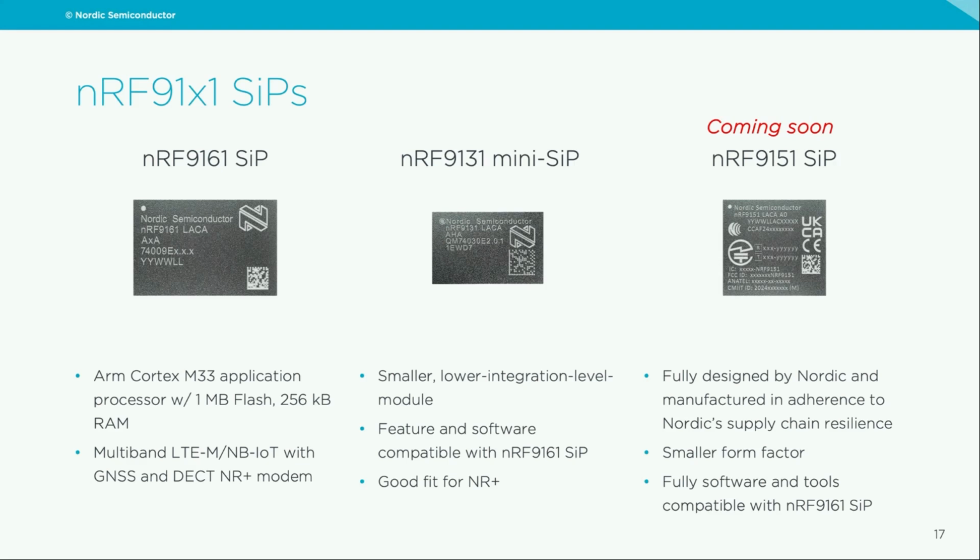The 61 is readily available, has been around since late spring. The 31 is a variant of this SIP. It is smaller and a bit cheaper because the power management and the crystal are taken out of the SIP.